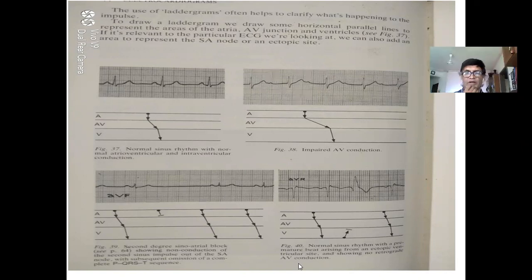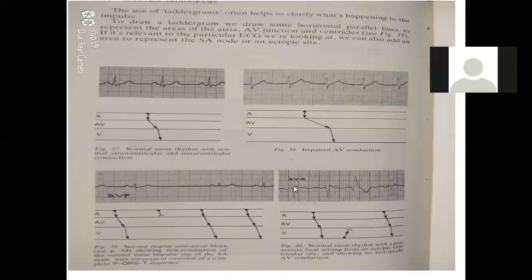What is ectopic? The first part is clear. Normal sinus rhythm is clear. This is the one, correct? The first one we see here, figure 37, is 37 clear? Normal sinus rhythm. Yes, sir. So this first one, is it normal or abnormal? Normal, sir. Why is it reversed?